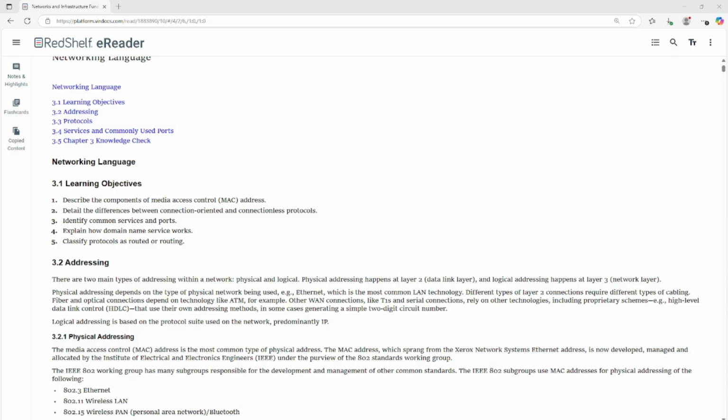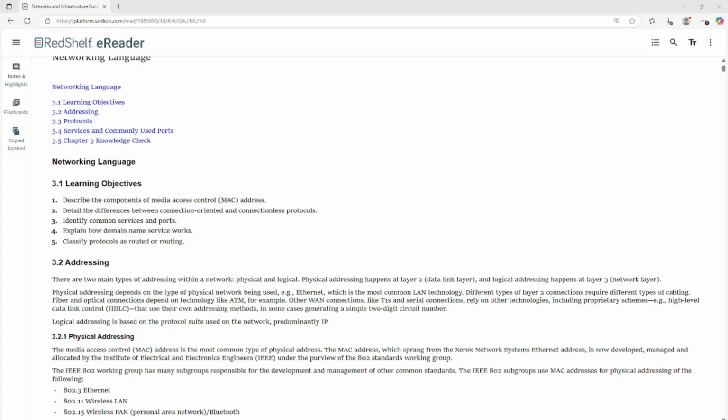The physical addressing depends on the type of network being used, for instance, Ethernet, local area network, while the logical address depends on the protocol suite used in the networking, for instance, the IP address, Internet Protocol.